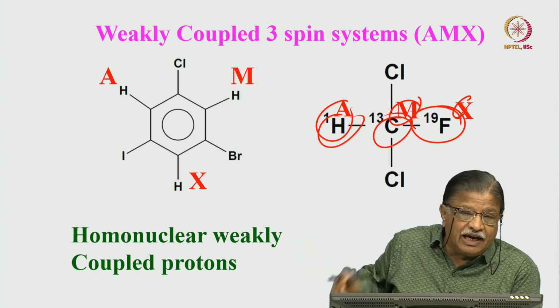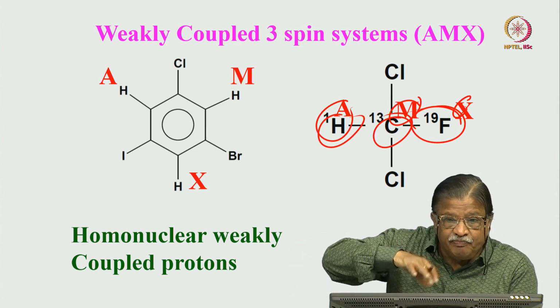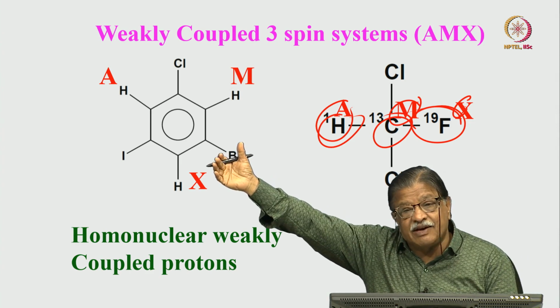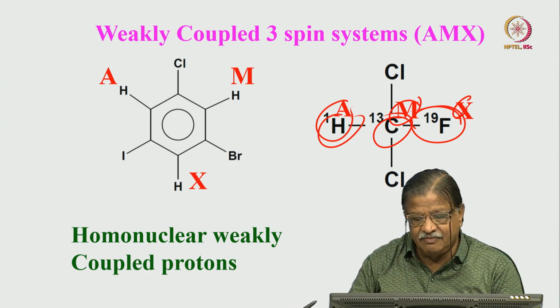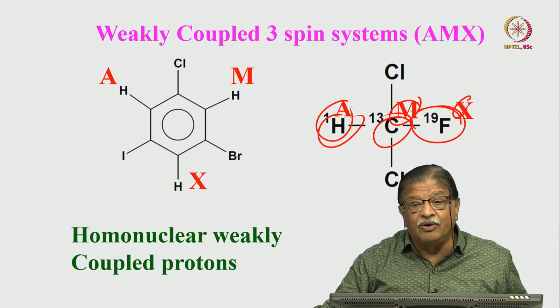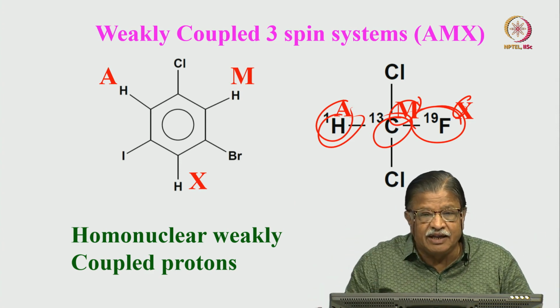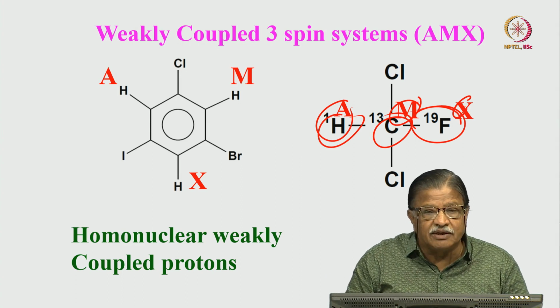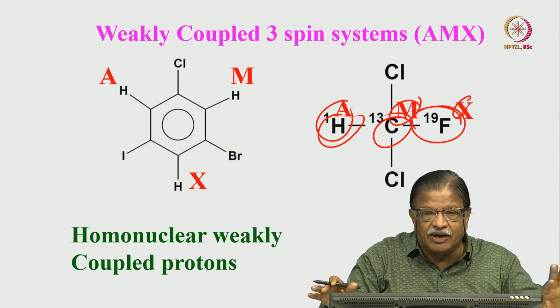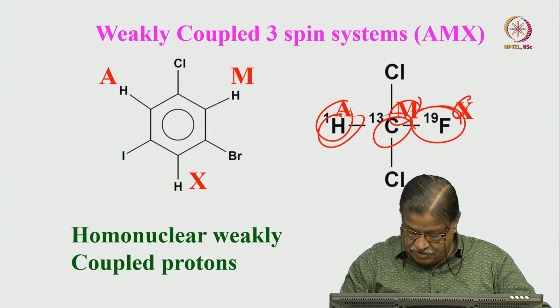Of course, for all the 3 heteronuclei, I already told you the resonating frequencies are separated by several megahertz. As a consequence, heteronuclei are always weakly coupled. When I say proton, carbon and fluorine are coupled among themselves, you do not have to worry about it, you can call it an AMX spin system, weakly coupled.